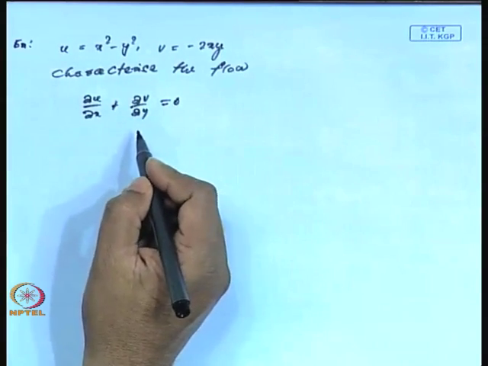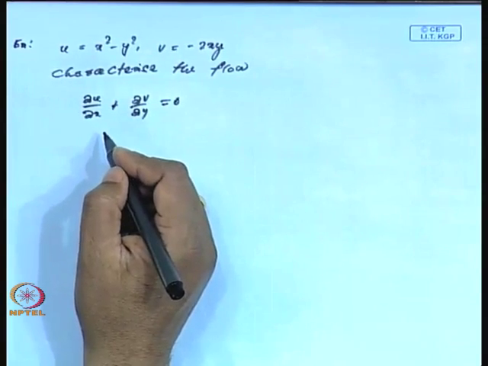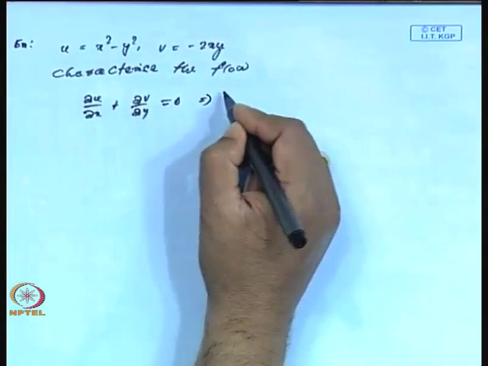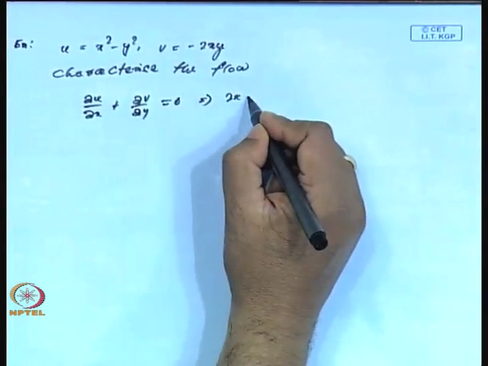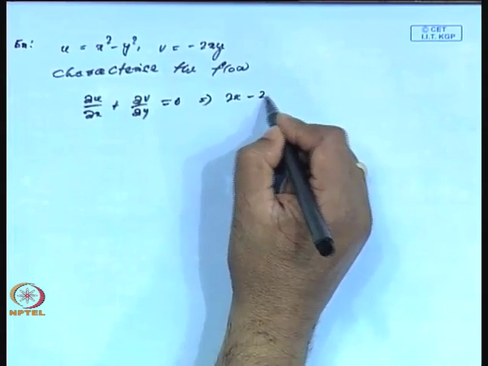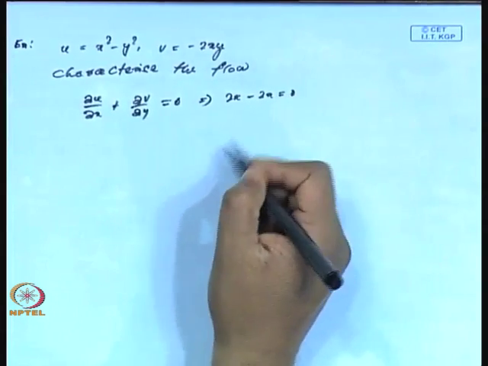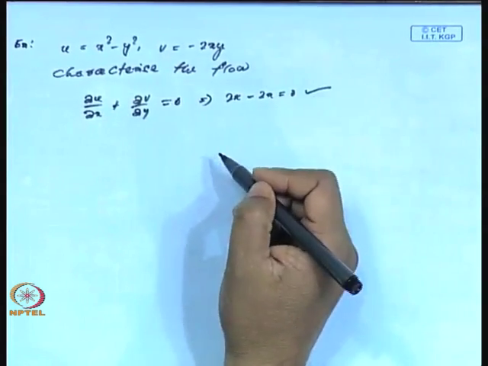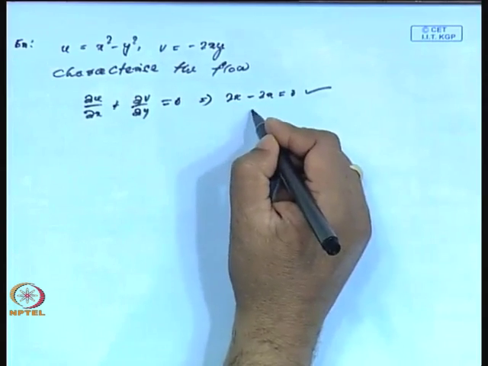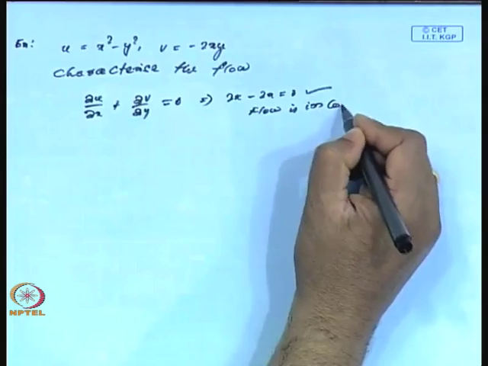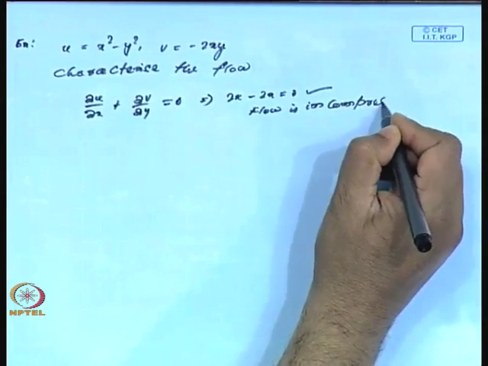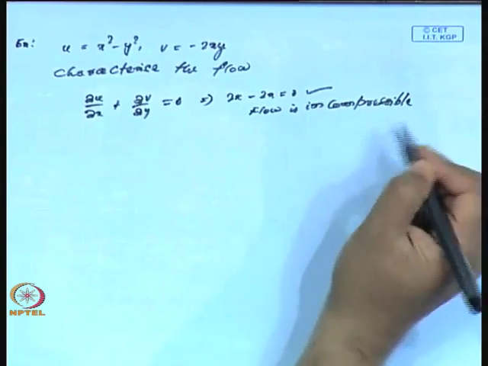We have del u by del x is 2x, and del v by del y is minus 2x, and the sum is 0. Since this is 0, a fluid motion is possible and the flow is incompressible. That itself clarifies that the motion of an incompressible fluid exists.